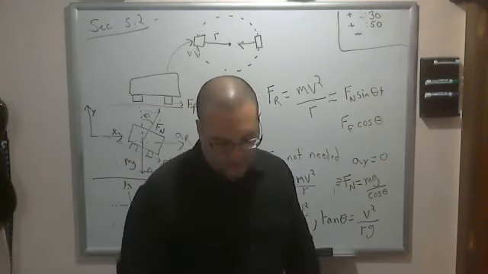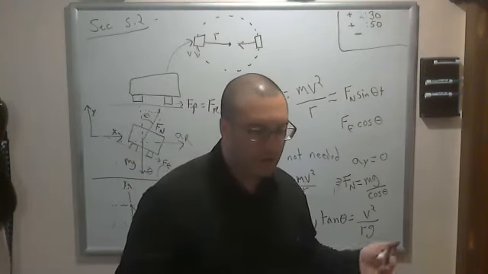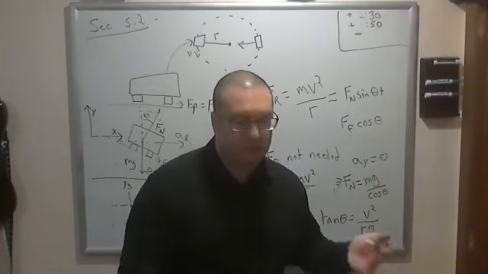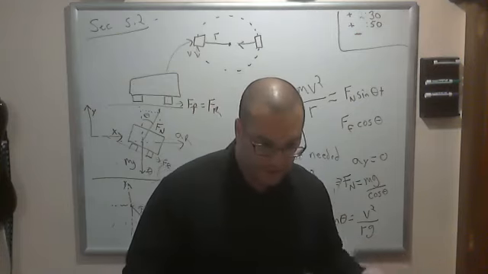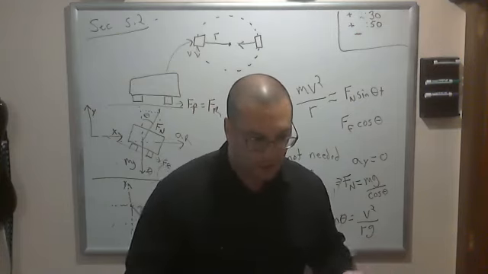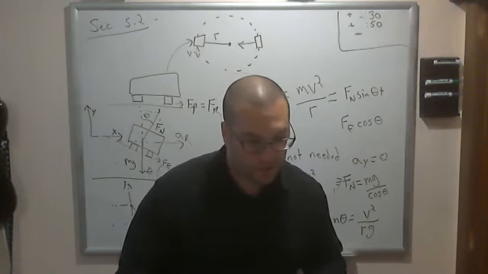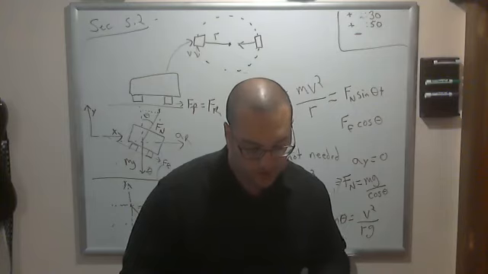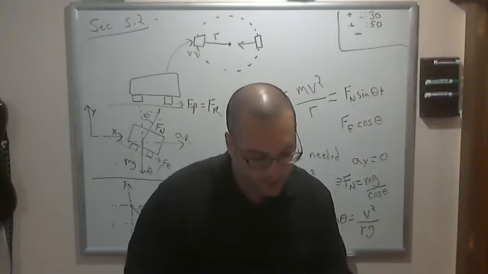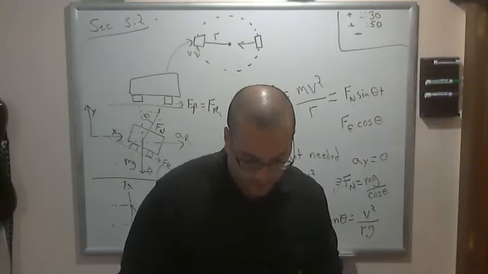Right? This gives more room for errors. If the car is going faster, it has more force due to static coefficient of friction to play with than you would normally have. Any questions on this?